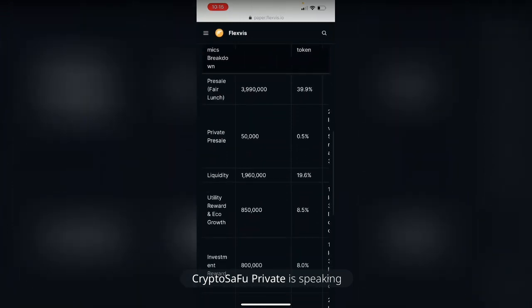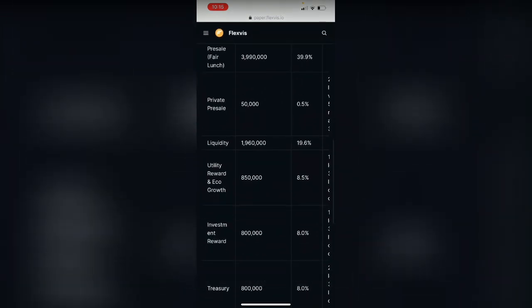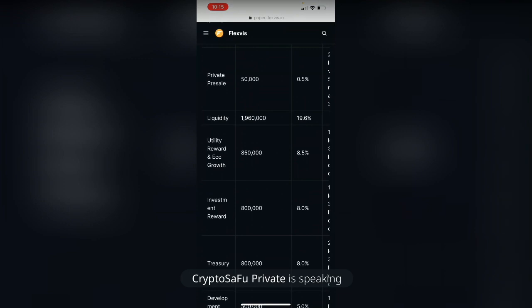Then you can see that for private pre-sale, they are using 0.5%. For the liquidity, they are using 19.6%. And they are stating that they have some program for rewarding. For example, it might be for staking, it might be for giving the community free tokens, it can be for an airdrop. Whatever it is, they are allocating 8.5% for that.